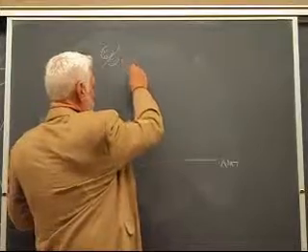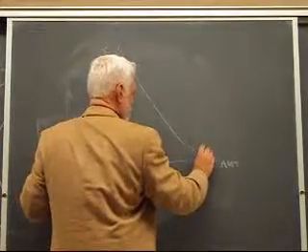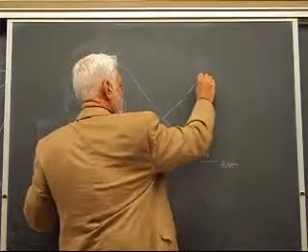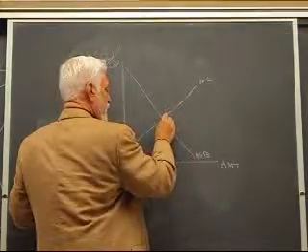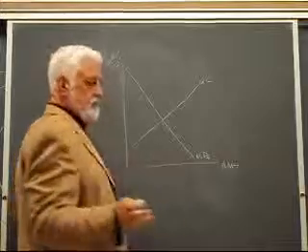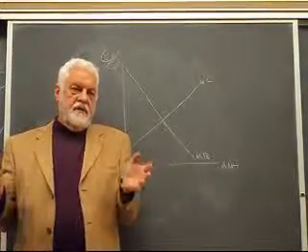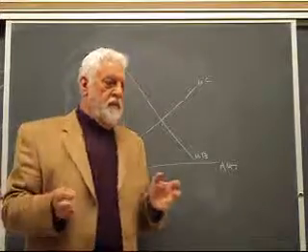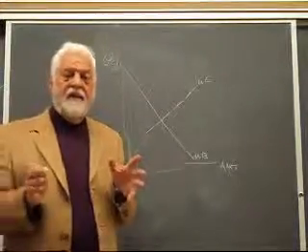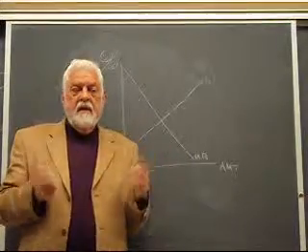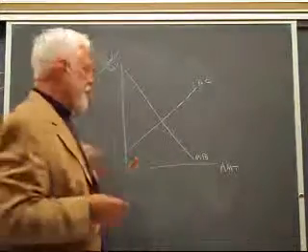Now, here's your marginal benefits, here's your marginal costs. And normally, it's different for each individual. Some people like speed, they get a thrill from speed. Other people are scared of speed. So everybody's going to react a little differently.